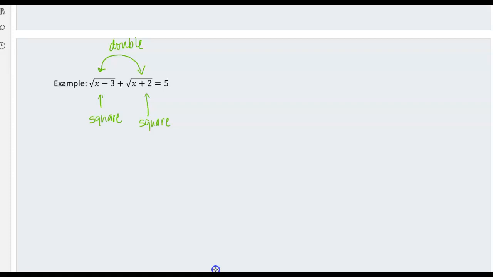So just in looking at this, that looks really terrible, and I don't think that I want to do that. So instead, what I'm going to do is move one of the square roots to the other side. When you have 2 square roots like this, you typically have to repeat the process of squaring twice. So I'm going to show you 2 examples like this. The first step is to move one of the square roots to the other side of the equation.